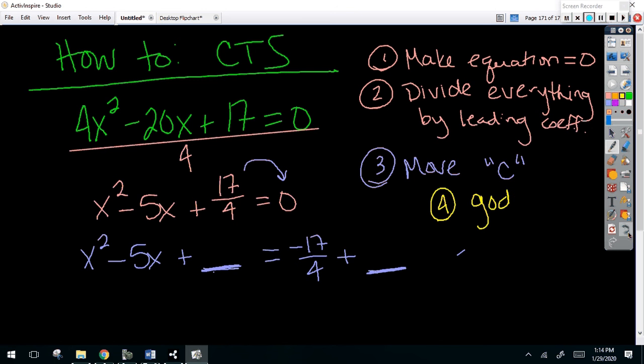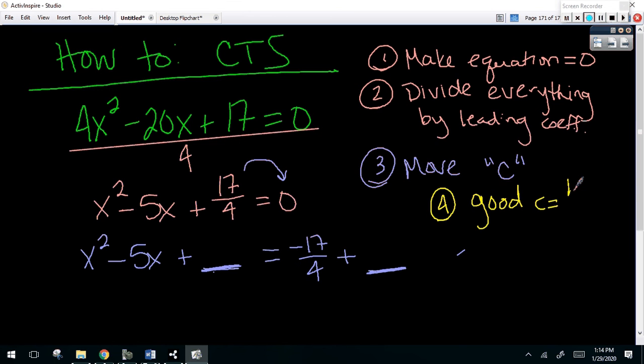To find your good C, you're going to take B, that's in the middle, divide it by 2, and square it.